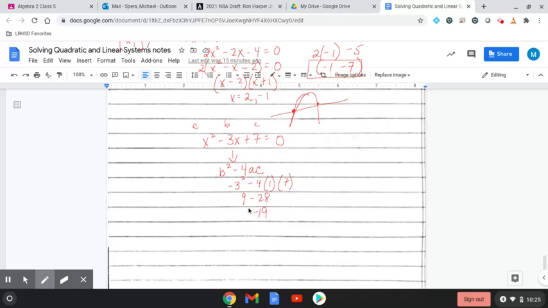Remember, this would be underneath the radical, which means a negative number tells us we would have an i, which means this quadratic does not intersect the line. It doesn't intersect it at a real number. That's what an imaginary number tells us. When you solve this system, if you get an imaginary, the answer here would be no solution.